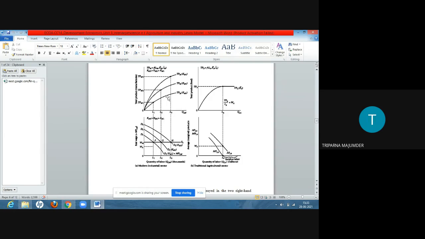Now, output of the manufacturing sector, that is TPM, is a function of the variable input labor LM for a given level of capital stock KM bar and technology TM bar.